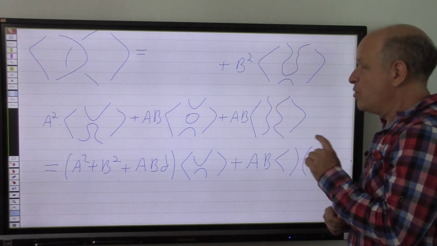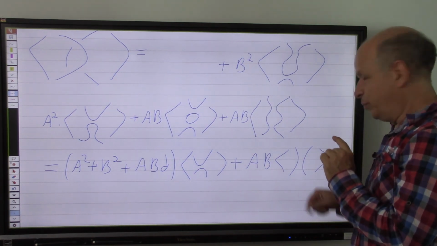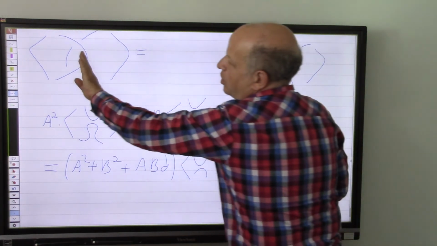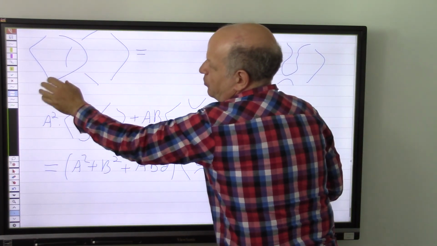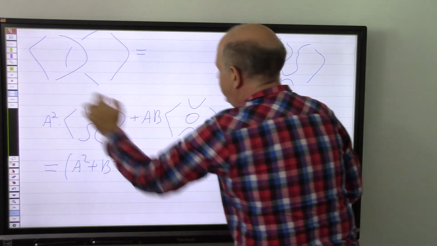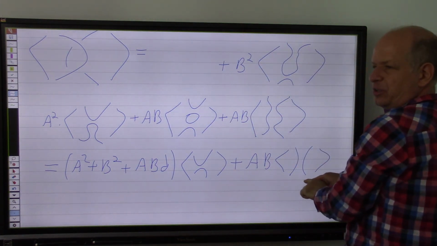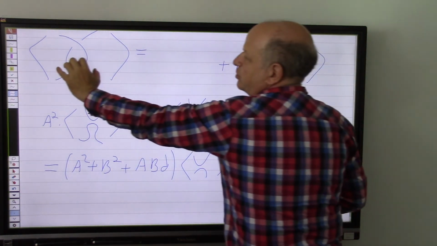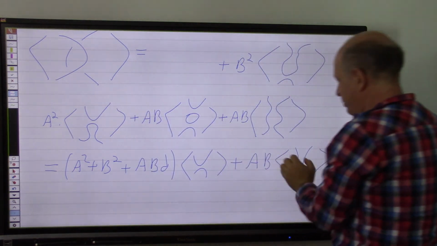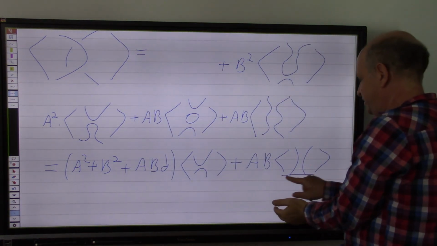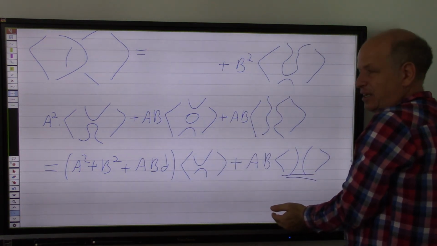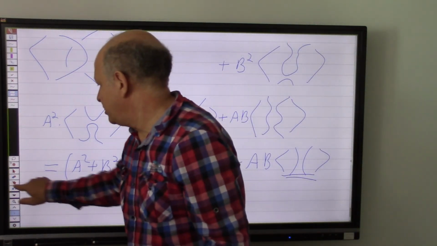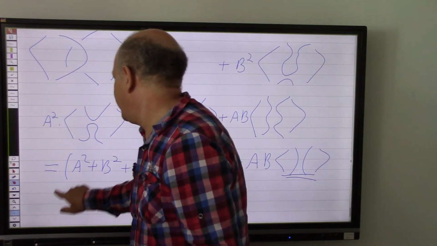But now I want it to be equal, right? The other side of the Reidemeister 2 move is precisely this picture. So I want the left-hand side to be equal to just this, but this forces me to set two equations.